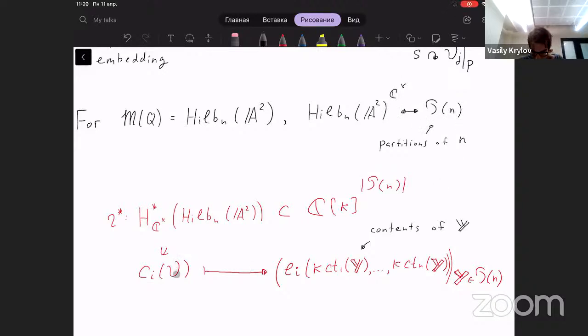And this map just sends the Chern class of V to the elementary symmetric polynomial of κ times the contents: content of box 1 of y, ..., content of box n of y, where cont is the content of the corresponding Young diagram. So this is how the map works. Since this function is symmetric, it's not important in which order we put the contents.